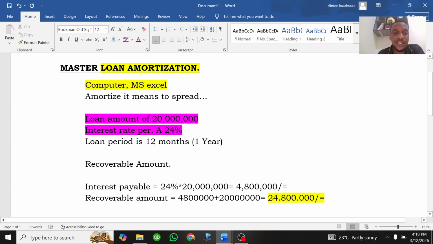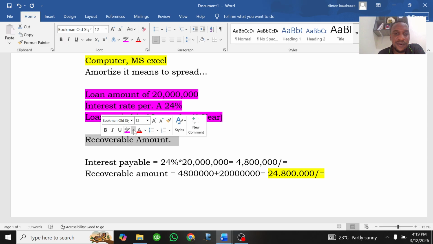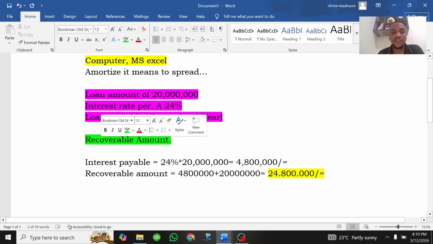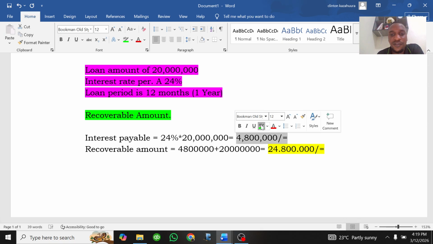Then the loan period, which we call the loan tenure, is like 12 months. So if we are to compute the recoverable amount, it will be the interest payable, which will be this 24% per annum, times the 20 million loan amount. That would give us something around 4.8 million.